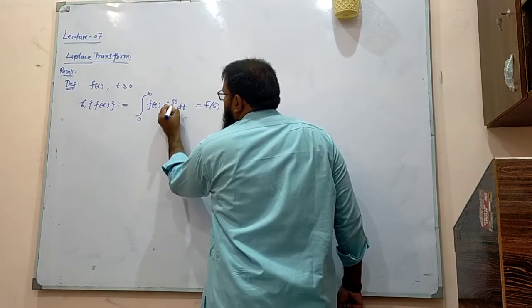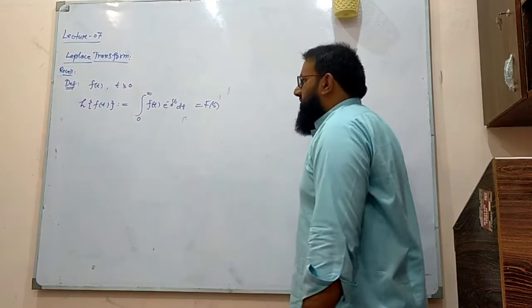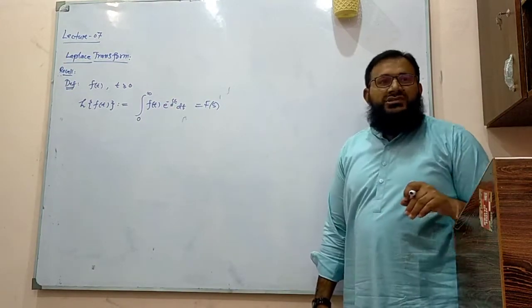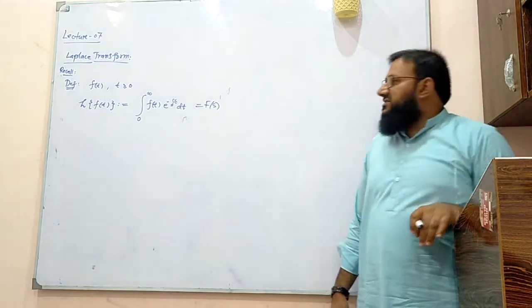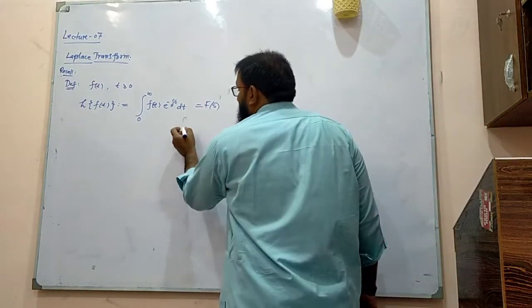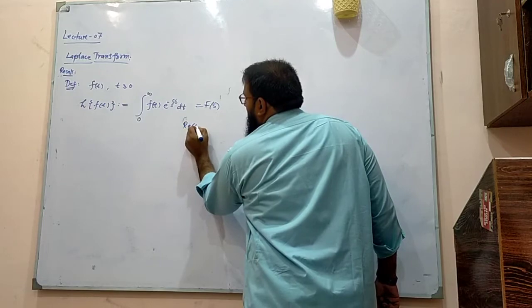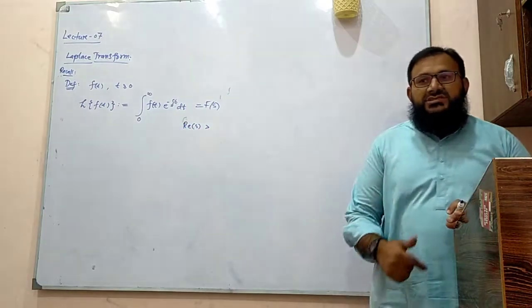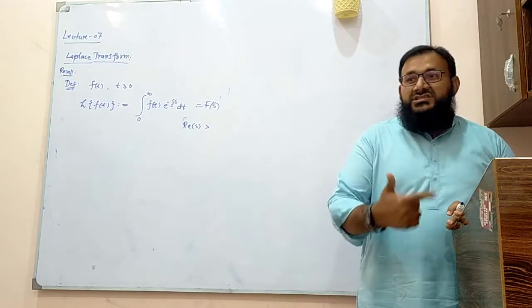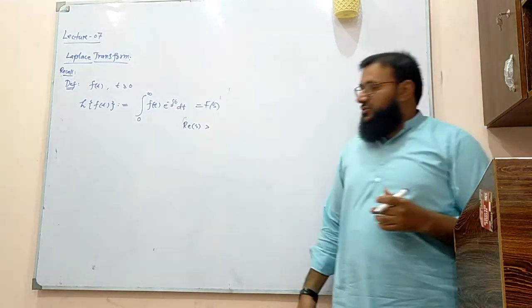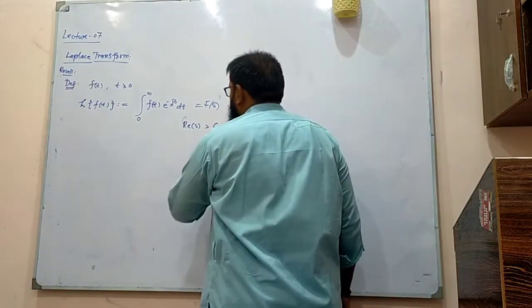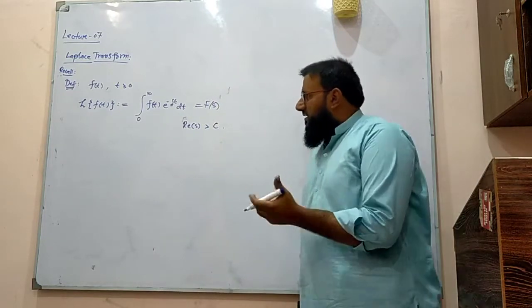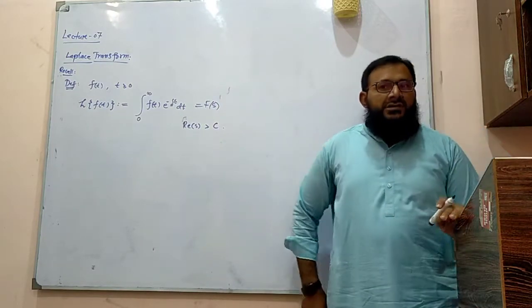One more thing: s can be real or complex, but in our context it is mostly real. If s is complex, then its real part should be greater than some fixed value, sometimes 0, sometimes another fixed value, let us say c. So this is the definition of the Laplace transform.